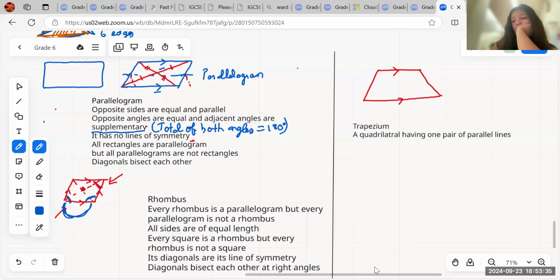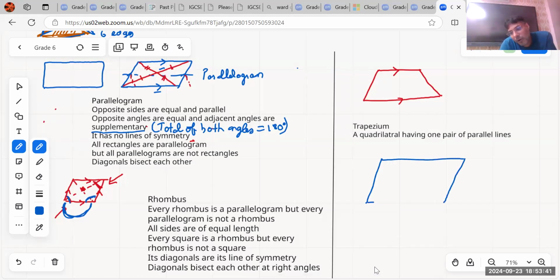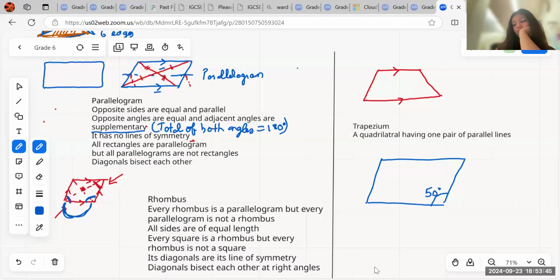Yes or no, guys? If there is any confusion, tell me. Suppose this is a parallelogram. I give you one angle, 50. So what will be this angle? Tell me. Raise your hands. No, Scooter is not getting a chance today. Question goes to Zapman.